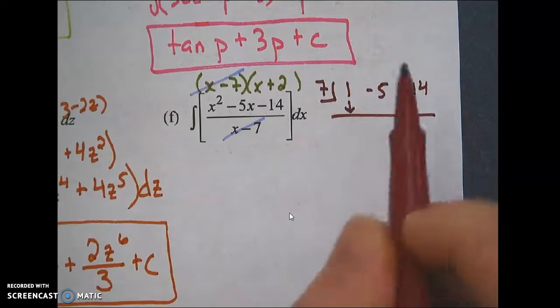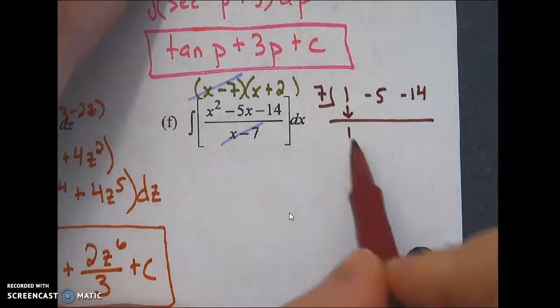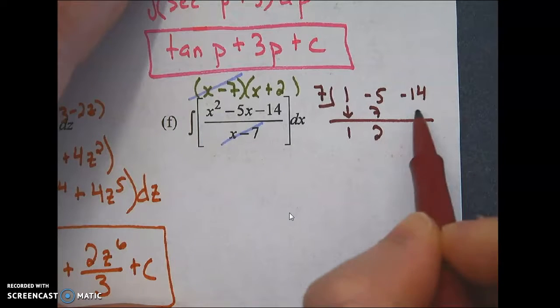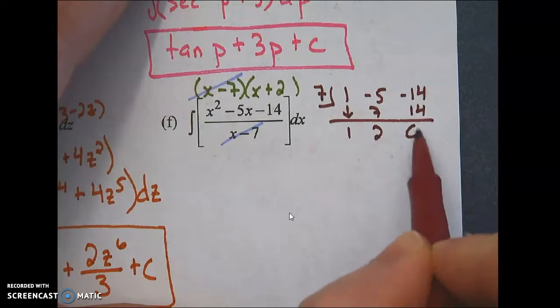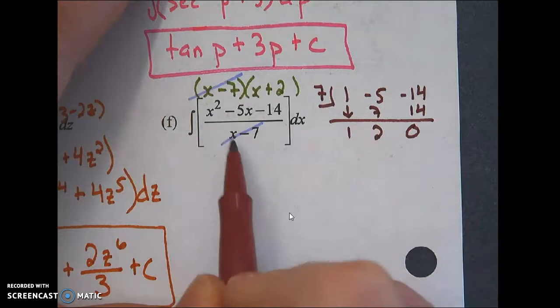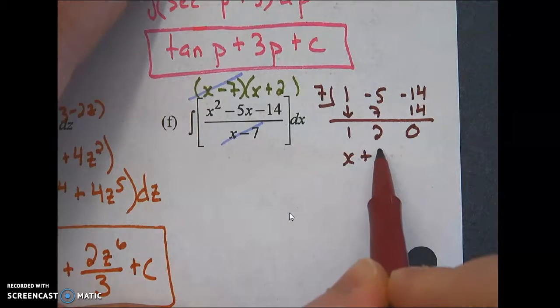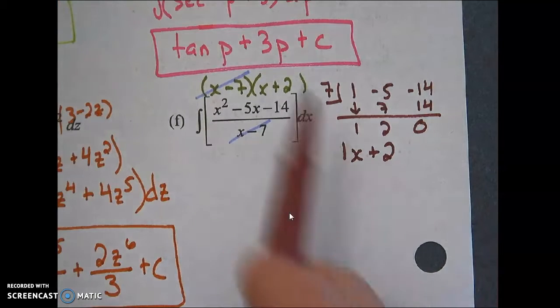The 1 automatically drops. That's 1. 7 times 1 is 7. -5 and 7 is 2. 7 times 2 is 14. Add those up and we get our 0. Now remember, this was an x squared. We divided it by x, so this is going to drop by 1 level. So that's going to become 1x plus 2, which is the same thing that we found here.